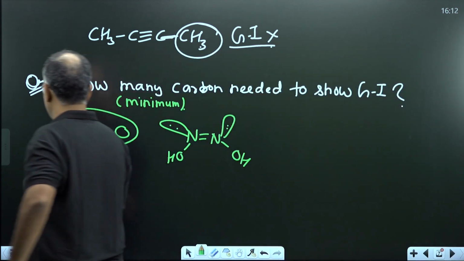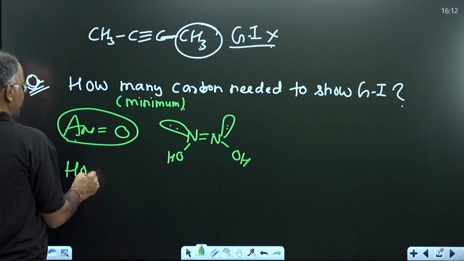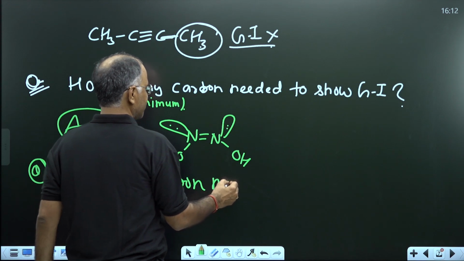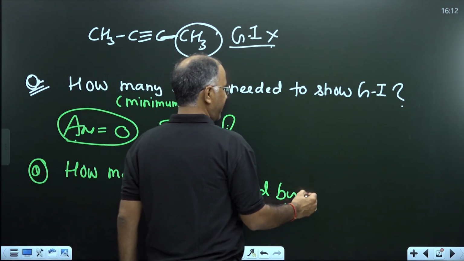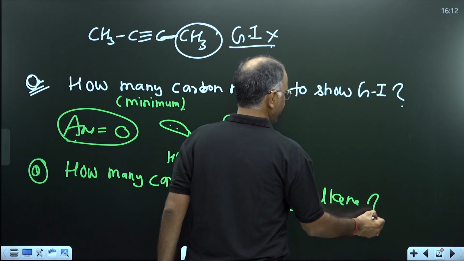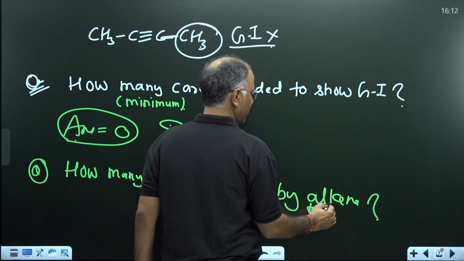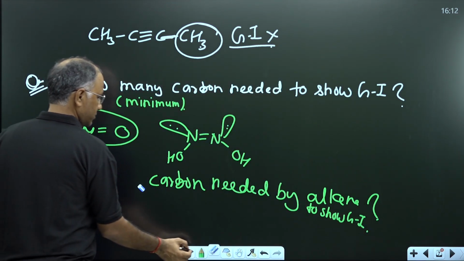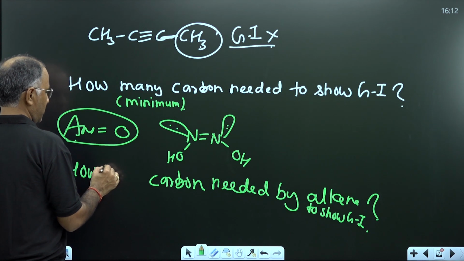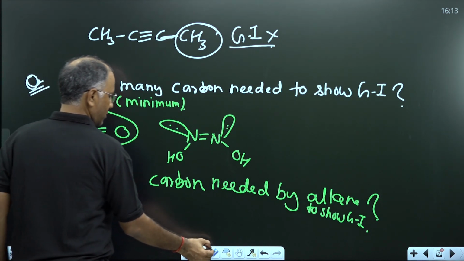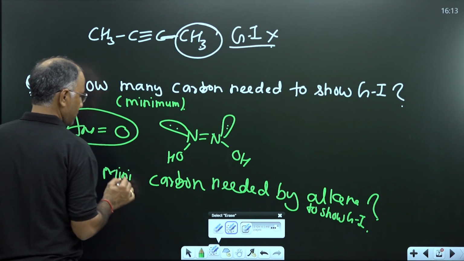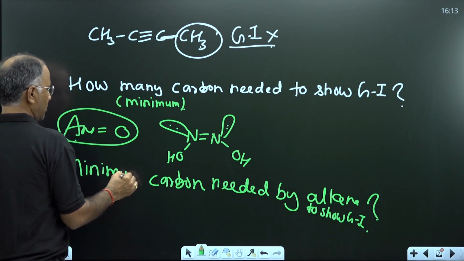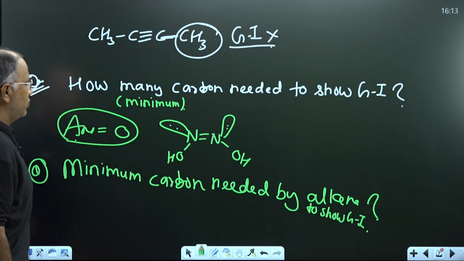Now if I change this question and ask you, how many carbons are needed by an alkene to show GI? Same question, the minimum number of carbons.